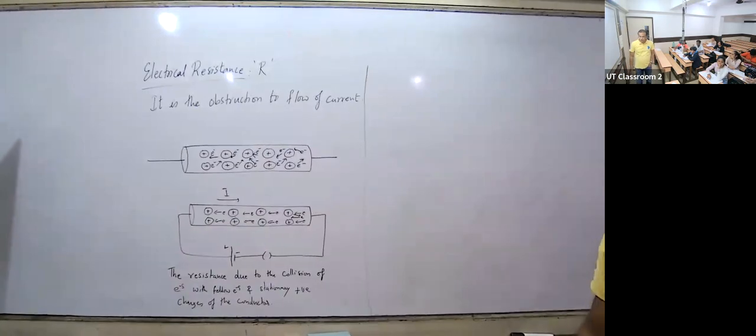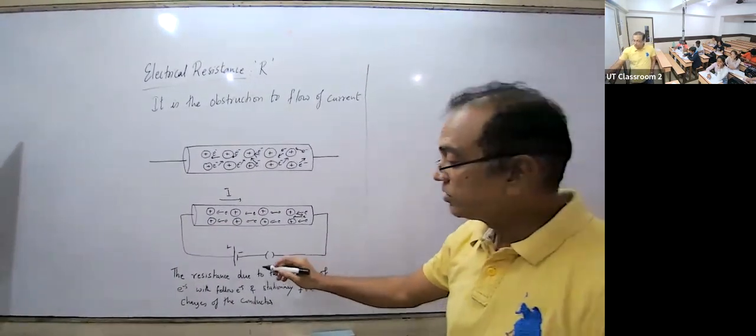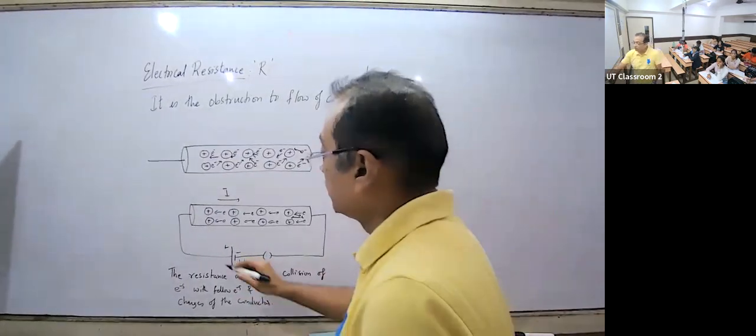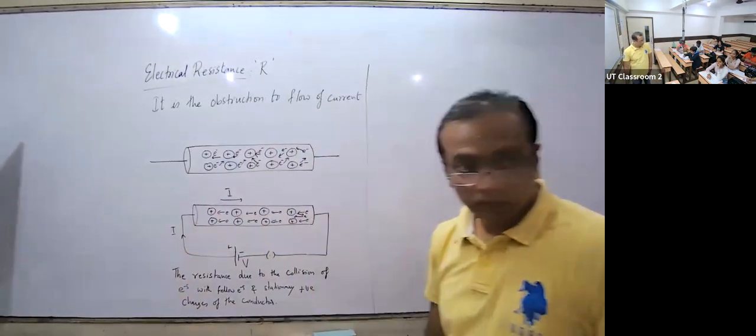So how do we find the resistance of a conductor? To find the resistance of the conductor, we need to know the applied potential difference and the current flowing through it. Okay.